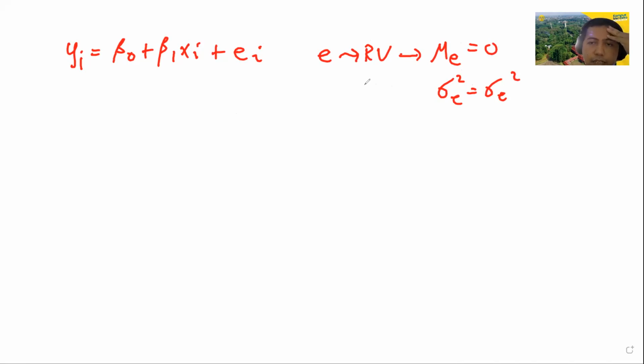Following this expression, we can derive that B0 is a random variable and B1 is also a random variable.